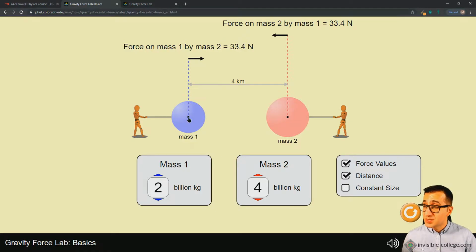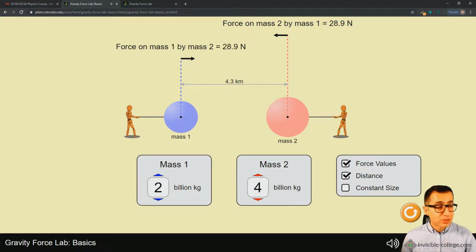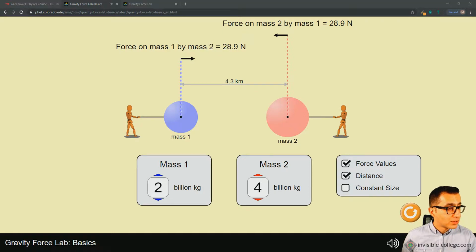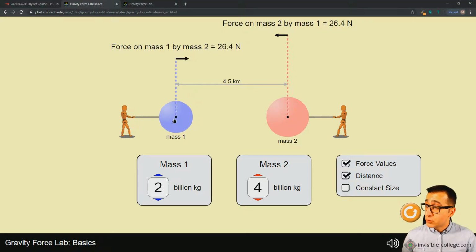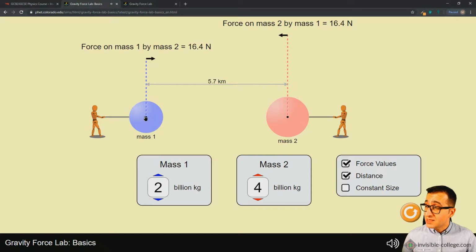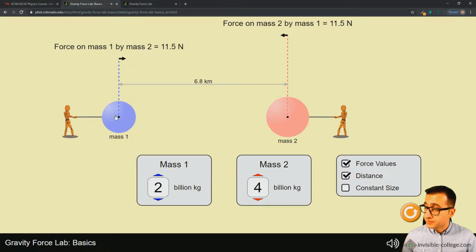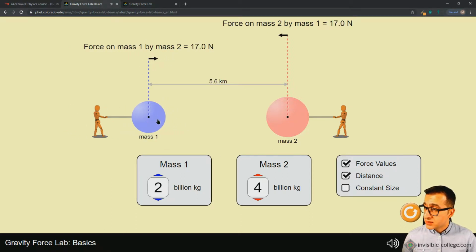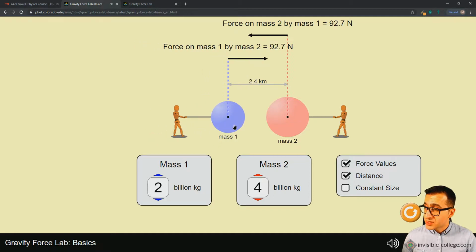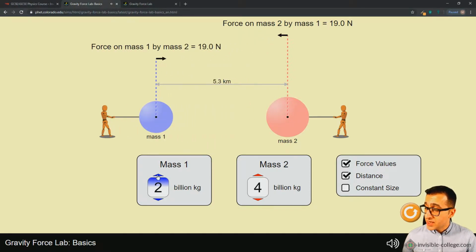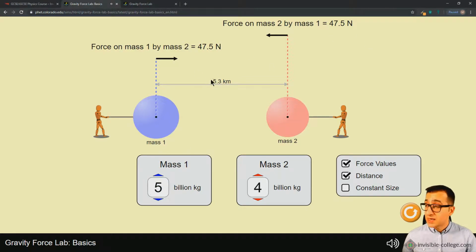Now if I change the distance between them, let me just turn the sound down. If I increase the distance between them, we can see that these forces decrease. If I decrease the distance between them, the forces increase. If I change the mass, both forces will increase if I simply change mass 1.